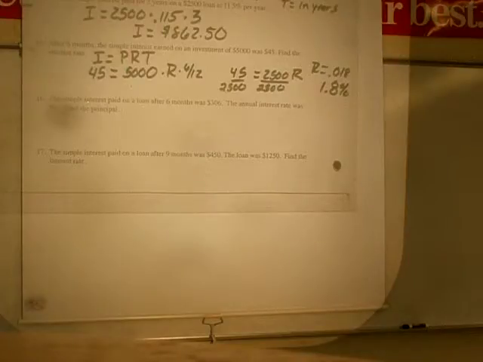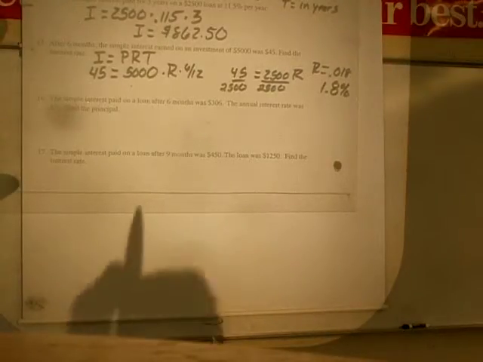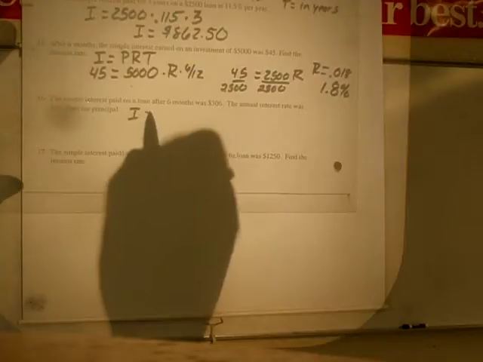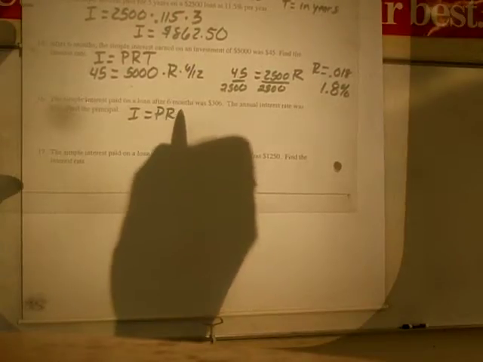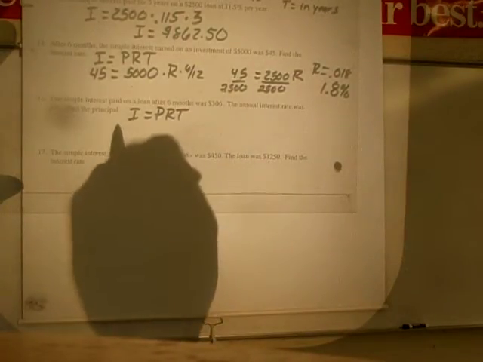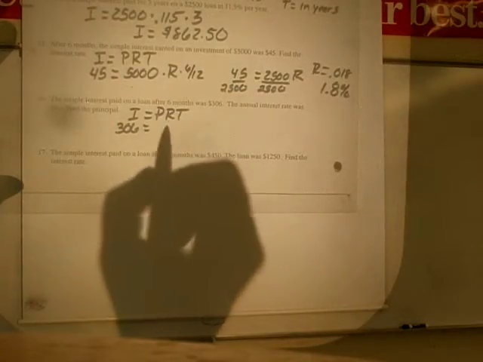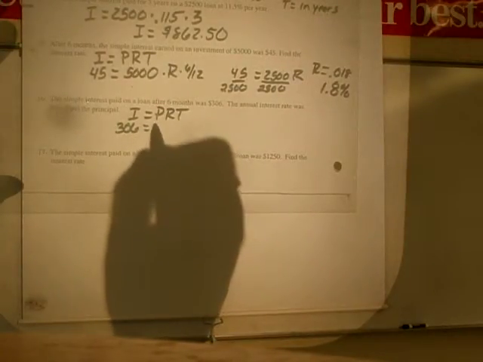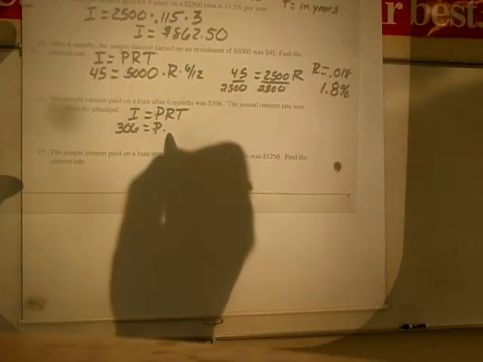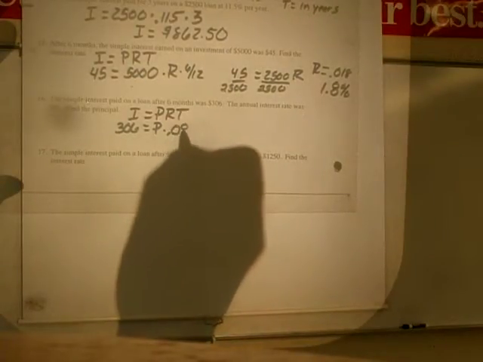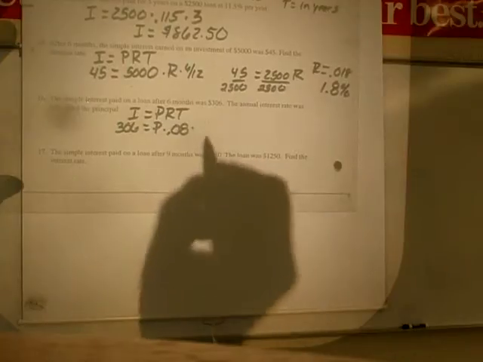16, simple interest paid on a loan after 6 months was $306. The annual interest rate was 8%, and you are asked to find the principal. Interest equals principal times rate times time. Interest is $306. Principal, we do not know how much money was borrowed. The rate is 8%, 0.08.